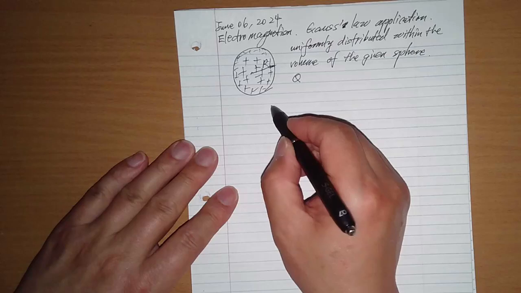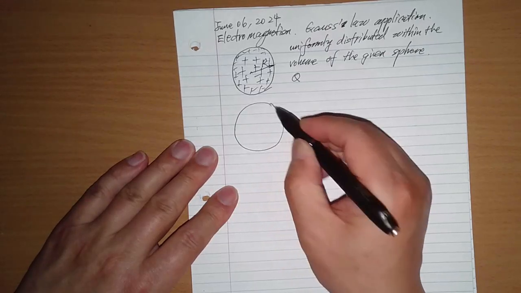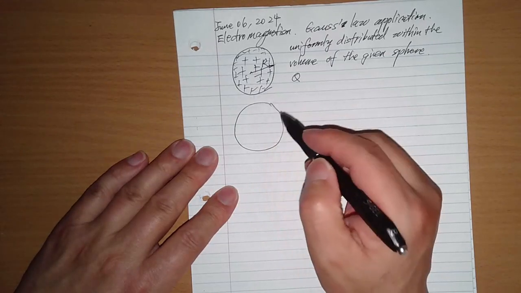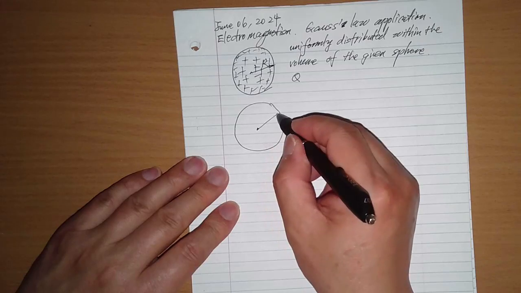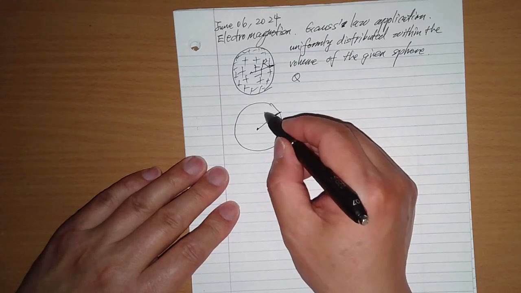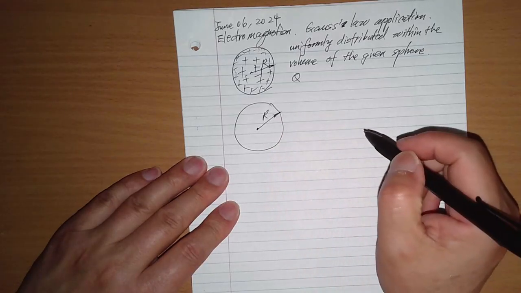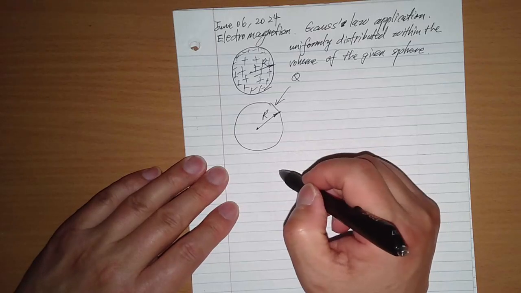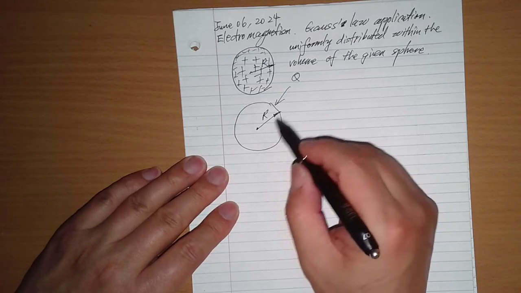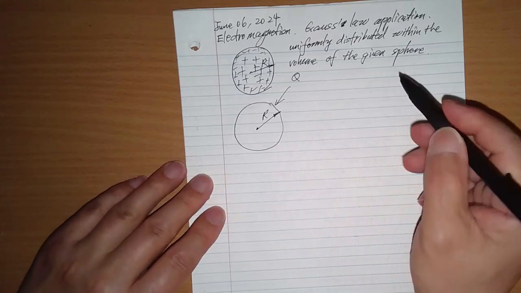Let's redraw this because I put too many plus signs over there. It's hard to see. Okay, let's say that's the radius of R, and the whole charge everywhere within the sphere is Q.